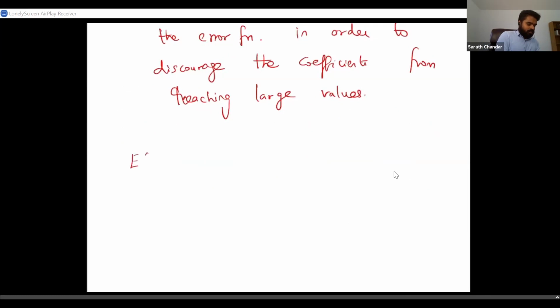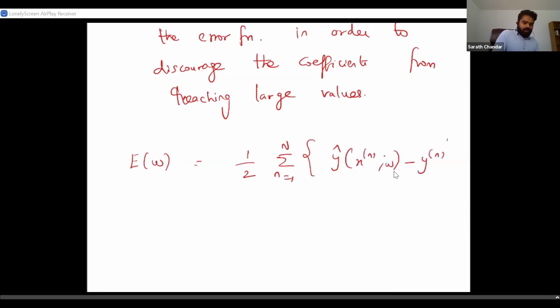I'm going to take my original error function, which is 1/2 the summation over n equal to 1 to N of (ŷ(x_n, w) minus y_n) squared. This was my original error function. Now I'm going to modify it. Let's call it E hat. I'm going to add an extra term, which is the norm of the weights, and I'm going to put a lambda by 2. I'll explain why.